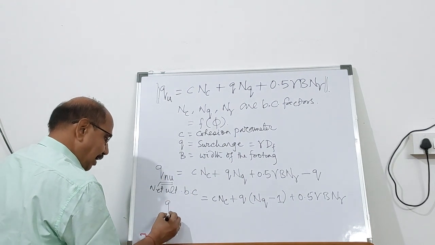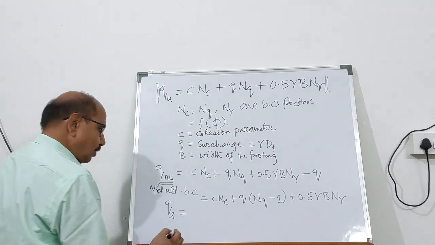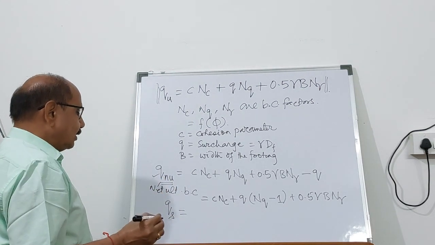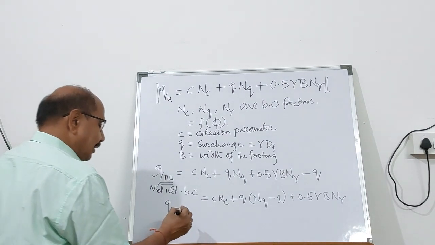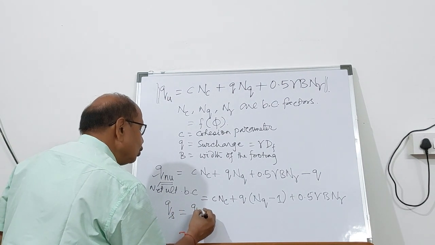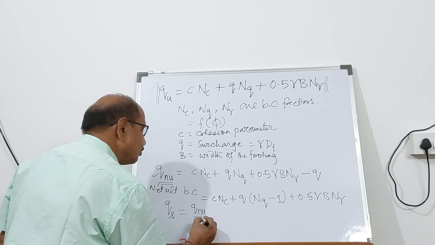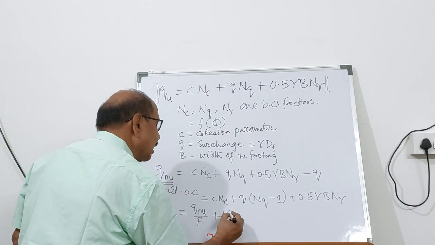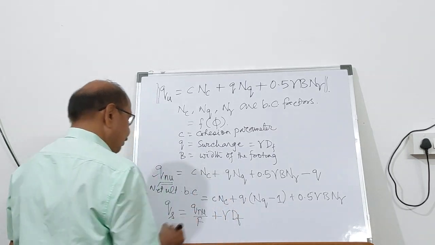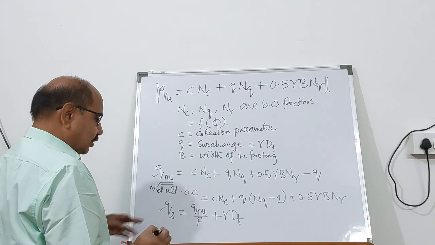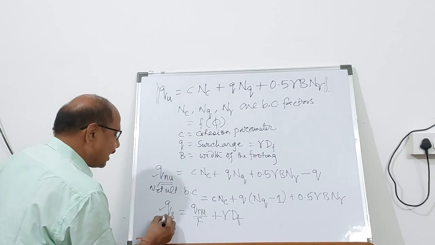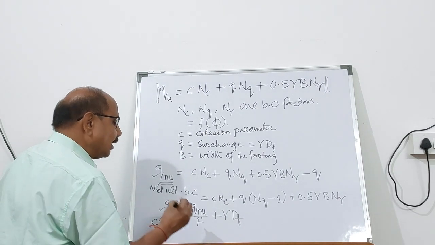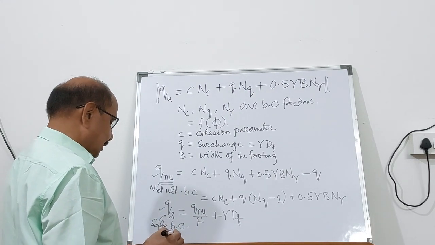And the safe bearing capacity can be found if you know the net bearing capacity qnu divided by a factor of safety, 2.5 to 3, plus gamma times Df. These things I have already explained to you, how to find the safe bearing capacity.